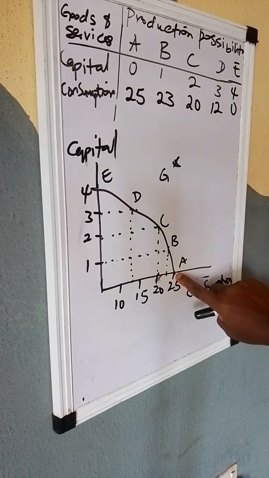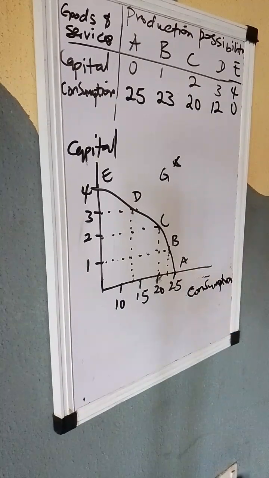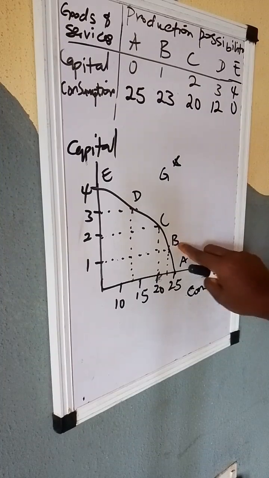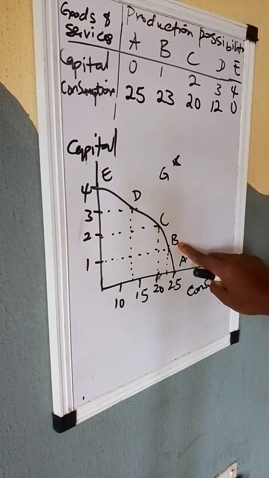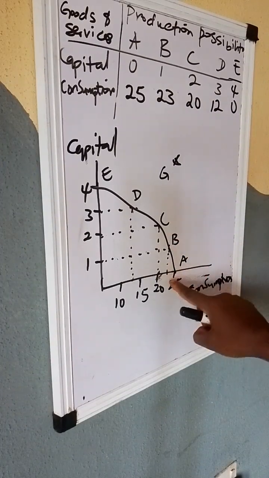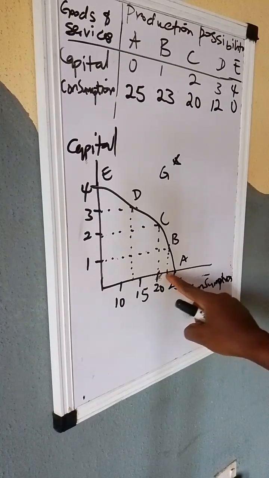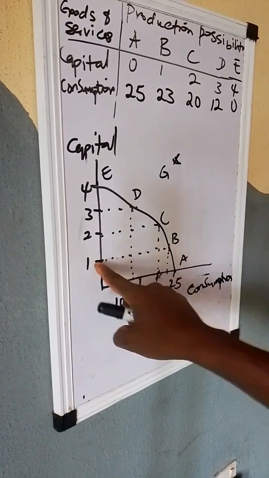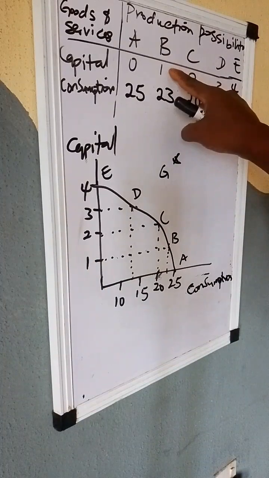This was at point A. Then at point B, we produce 23 consumption goods and 1 capital goods. That's at this point, combination B.